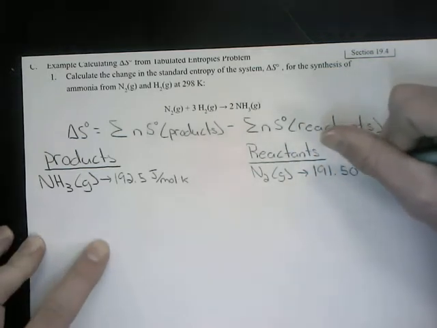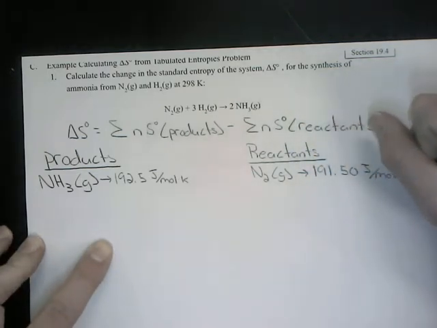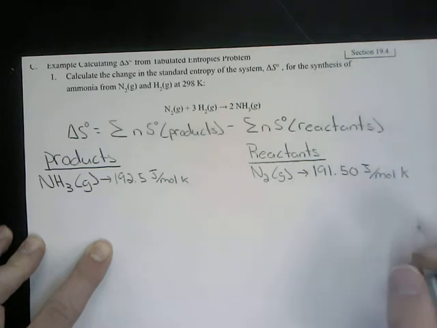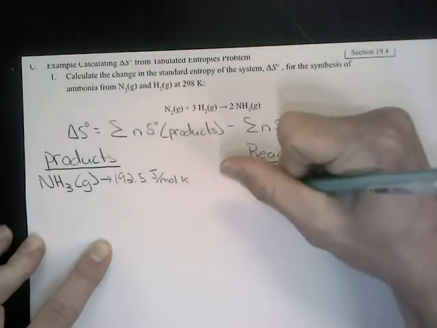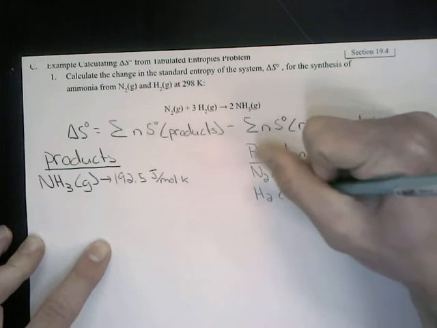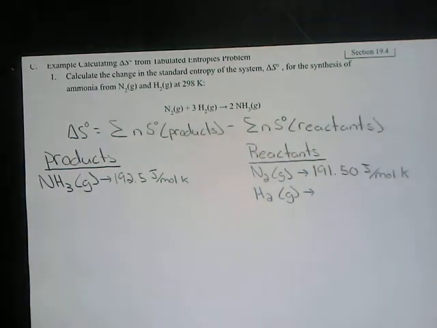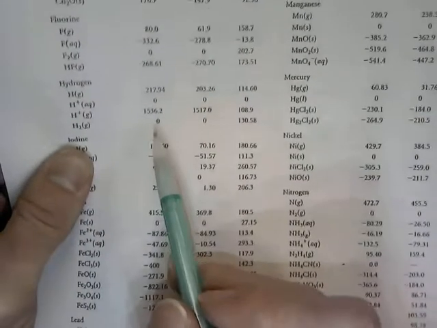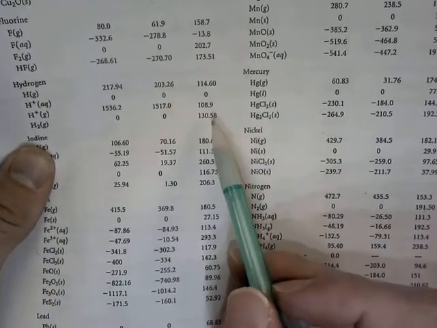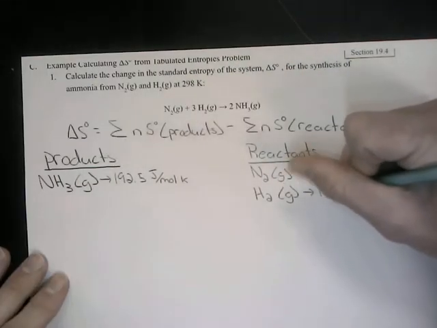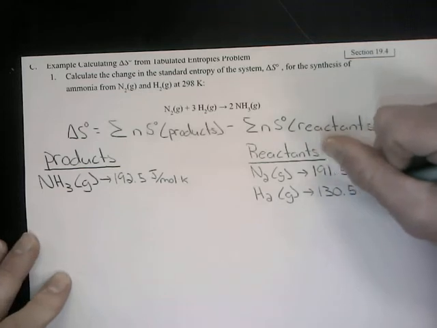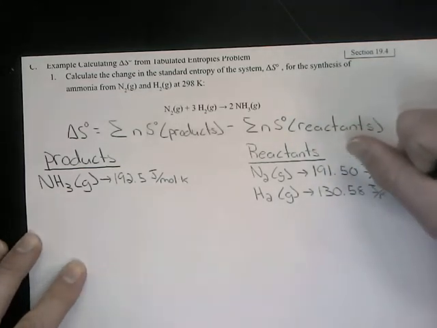And again, if you looked at that chart, that is in joule per mole Kelvin. Okay? Now, hydrogen, H2, is also a gas. If we look up hydrogen on our chart, we find H2 as a gas. We scroll all the way over to the last column. We find 130.58. And again, this right here is joule per mole Kelvin.